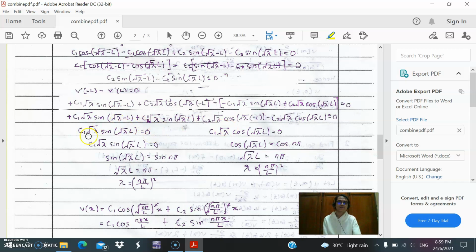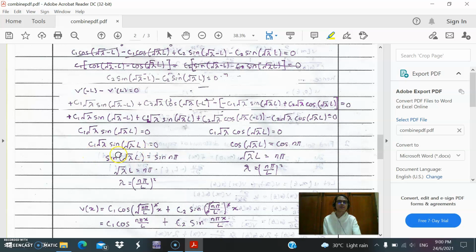So, kita akan dapat 2 iaitu C1 square root lambda sin square root lambda L equals to 0 and C1 square root lambda cos square root lambda L equals to 0. So, we can find the lambda.